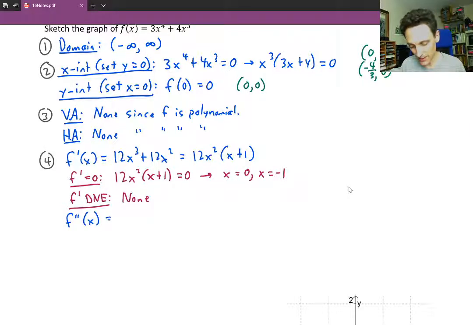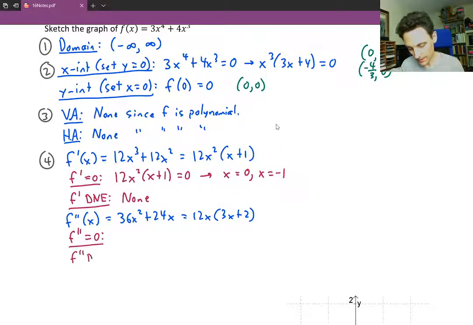Now let's look at the second derivative. Here I'm going to take the second derivative from the 12x cubed plus 12x squared. So we get 36x squared plus 24x. Factoring out a common 12x, we get 3x plus 2 left over. And again, I'll figure out where that's equal to 0 and where that does not exist, if anywhere.